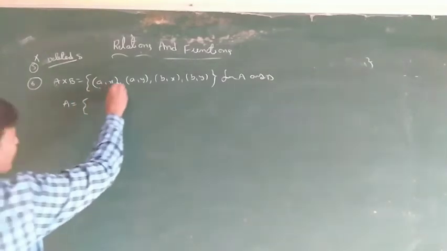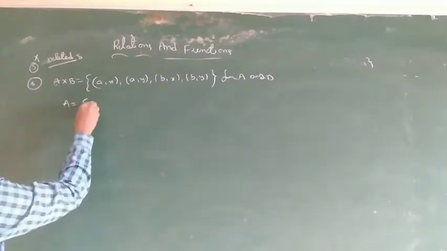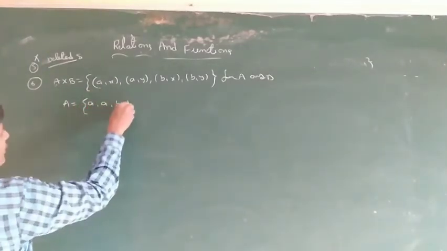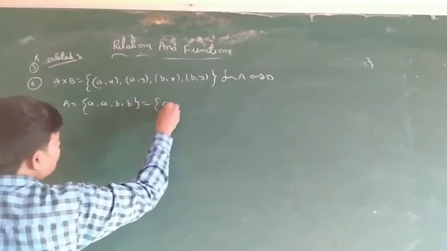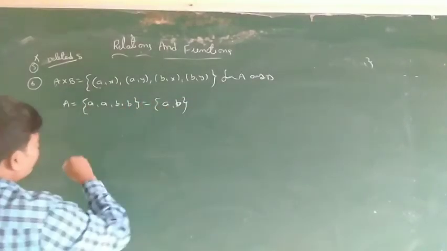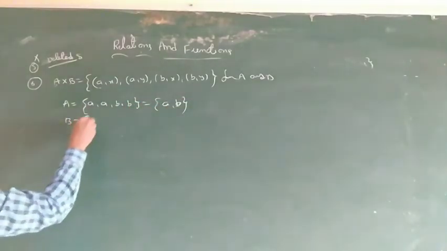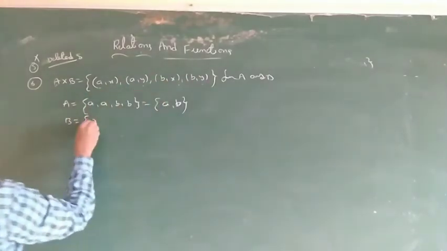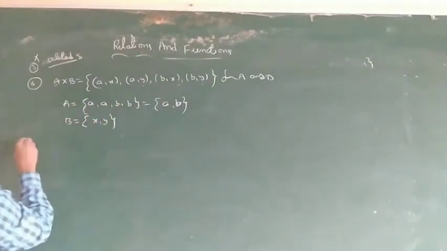So A is written twice, so write it once, and B twice, so write it once. What is B? B is x, y.